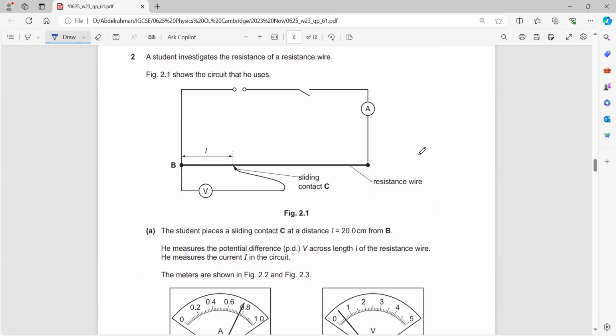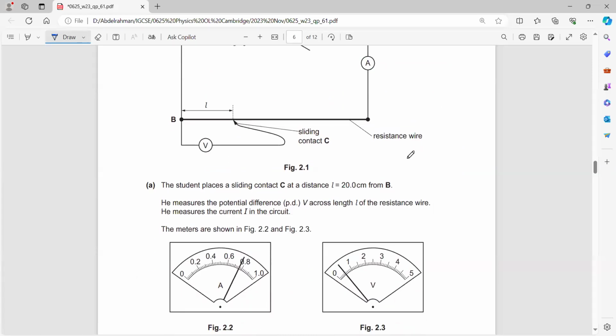Circuits. Assume a sliding contact is placed at a distance of 20 centimeters from B. It's quite obvious that this sliding contact will start to move.